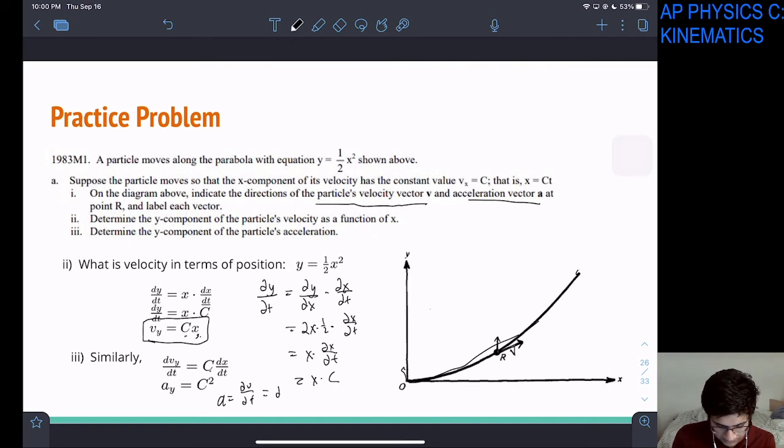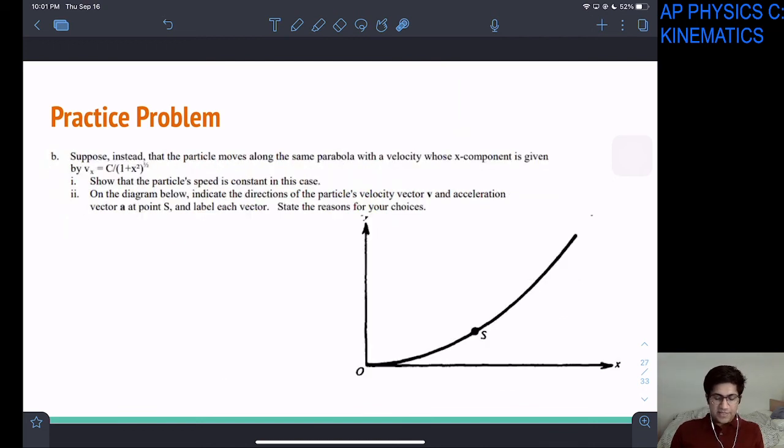We get dv/dx times dx/dt, where our first term dv/dx is just c, and our second term is dx/dt. But what is dx/dt? It's velocity. It's our speed again. It's c. So we end up getting c times c, which is just c squared. So our acceleration is going to be c squared. Interesting.